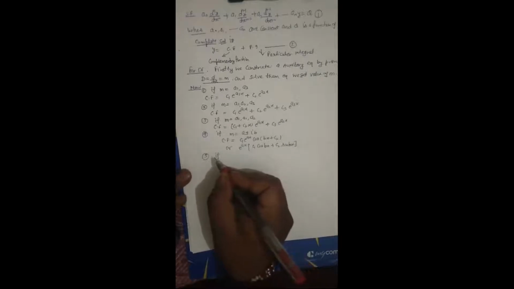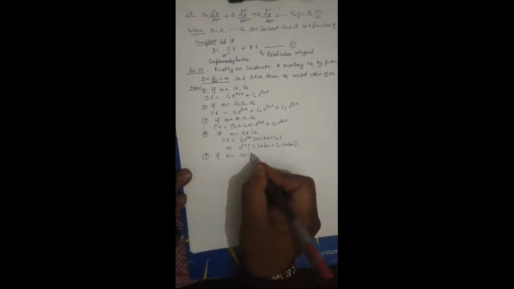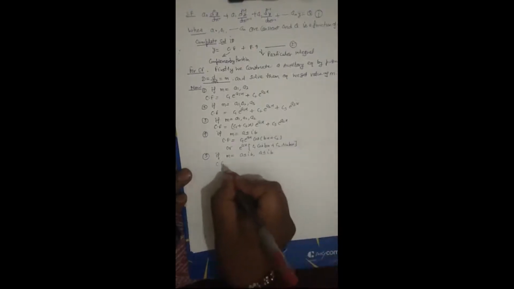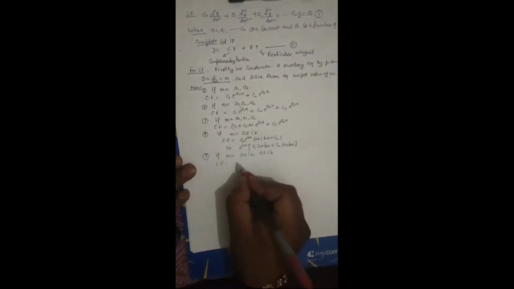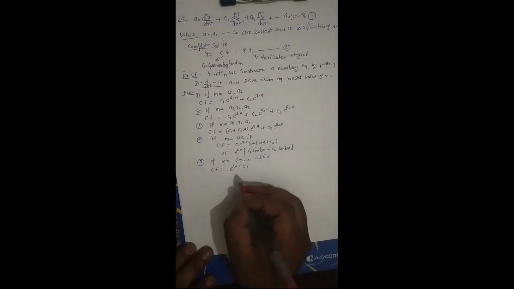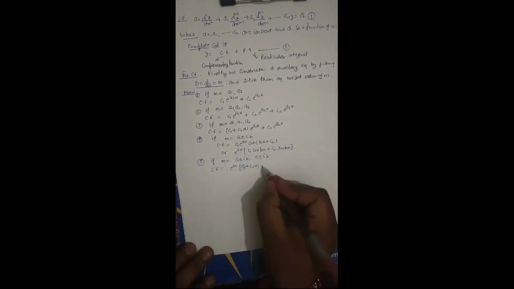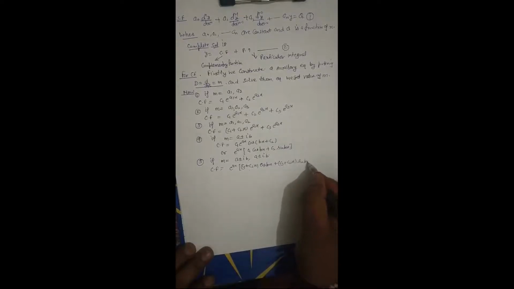If m is equal to a plus minus ib, a plus minus ib, then CF is equal to e^(ax) [(c1 plus c2 x) cos bx plus (c3 plus c4 x) sin bx].